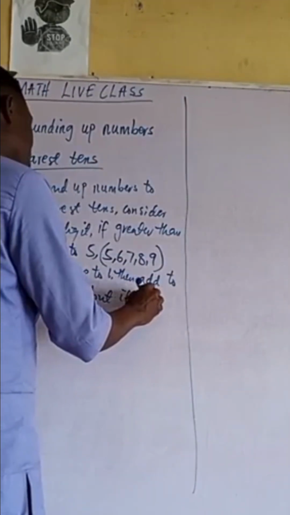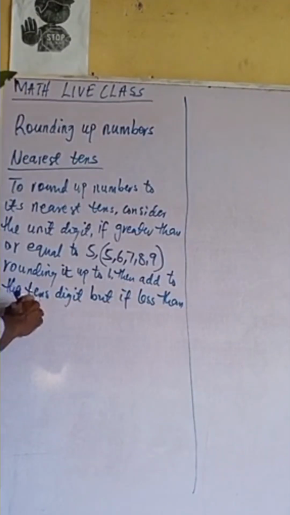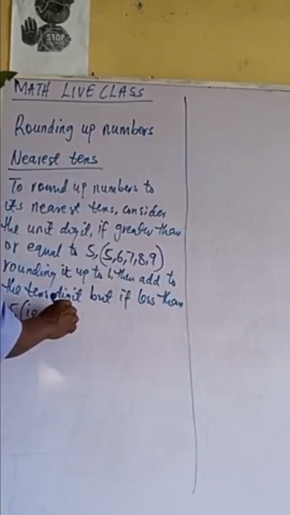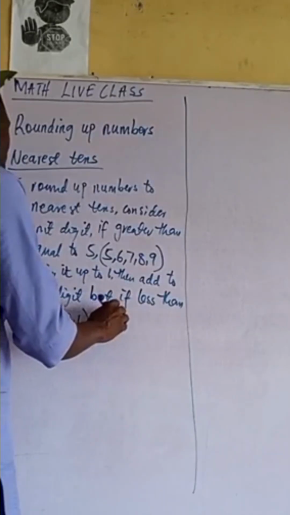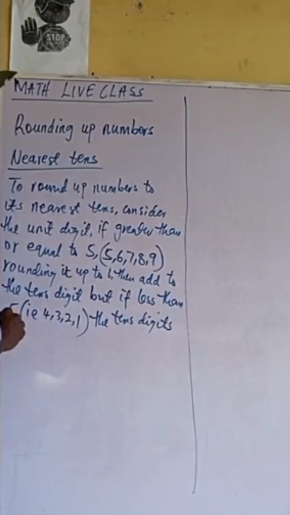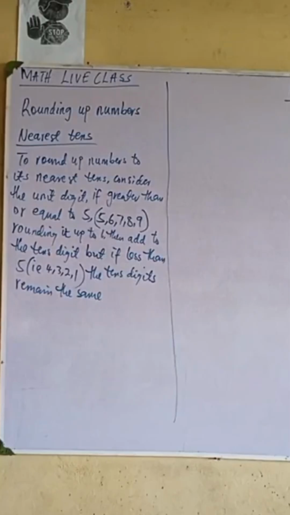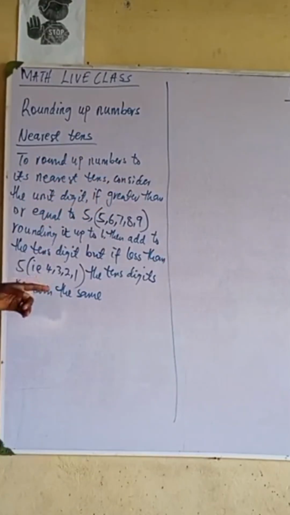But if less than 5, that is, these are the numbers less than 5. You have a 4, 3, 2, 1. The tens digit remains the same. So to round up numbers to the nearest tens, consider the unit digit.